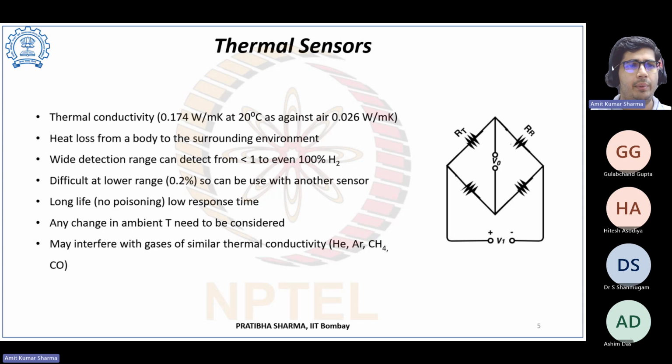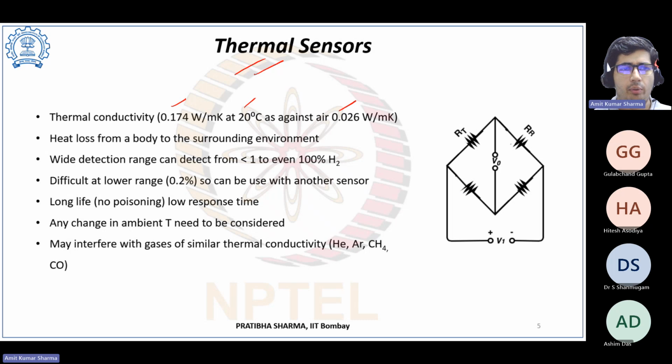In thermal sensors, basically, we use the thermal conductivity principle to detect hydrogen. The thermal conductivity of hydrogen is 0.174 watt per meter Kelvin at 20 degrees, against air at 0.026 watt per meter Kelvin.